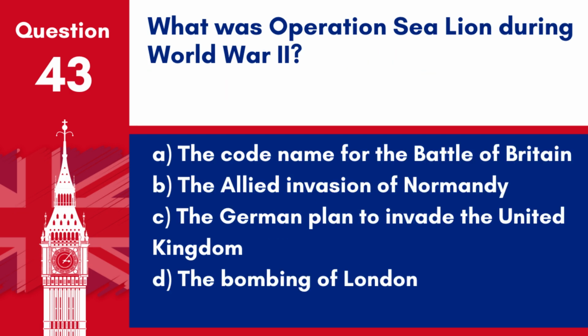Question 43. What was Operation Sea Lion during World War II? A. The code name for the Battle of Britain. B. The Allied invasion of Normandy. C. The German plan to invade the United Kingdom. D. The bombing of London.